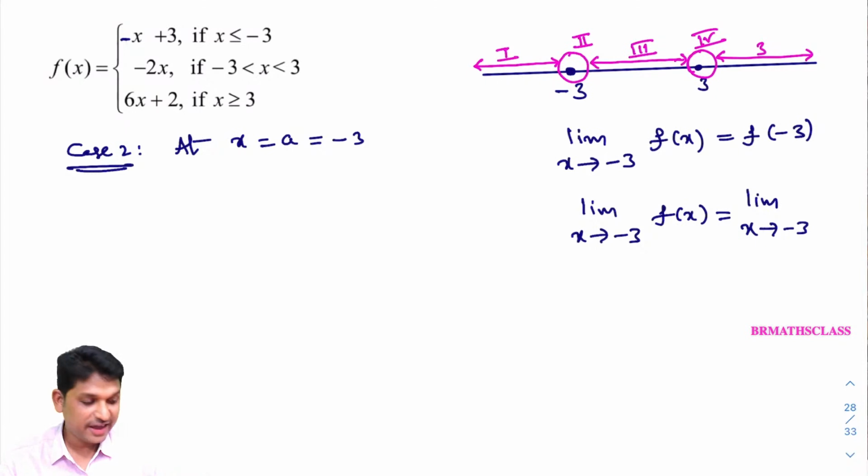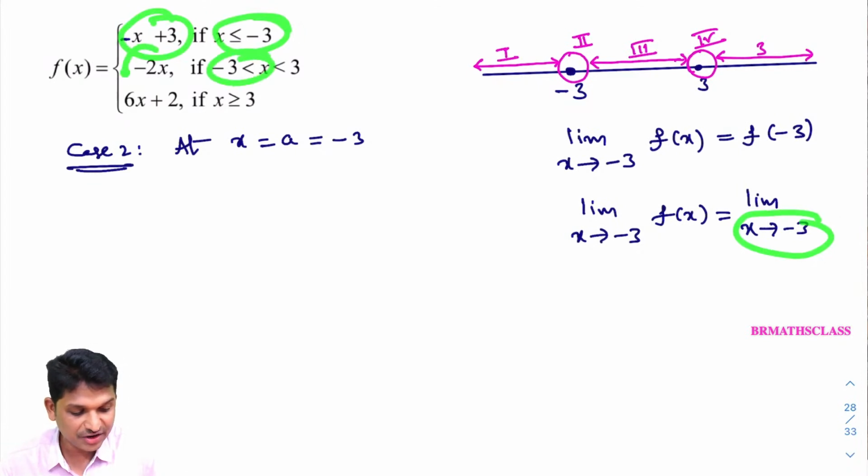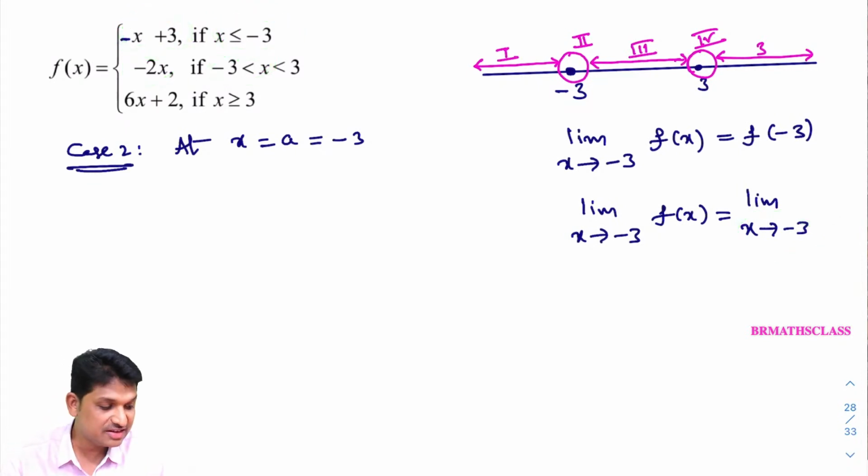Right. Okay. So here what function to choose? Confusion is there. When x value is less than minus 3, first function. When x value is greater than minus 3, then second function. My question is, when x approaches to minus 3, which function to write?